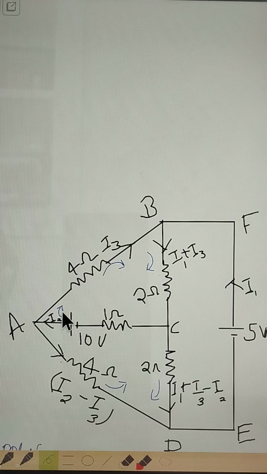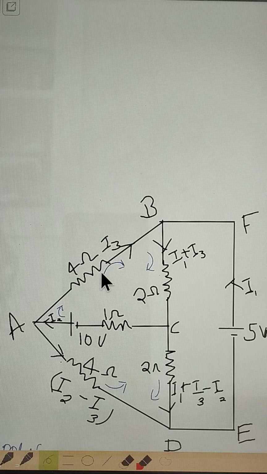This is the direction of current, flowing in the clockwise direction, and the potentials created due to current flowing in that direction are taken as positive. That's what Kirchhoff's rule states.